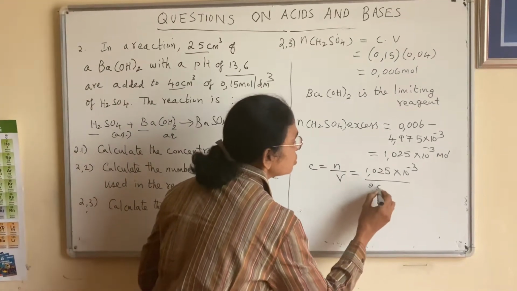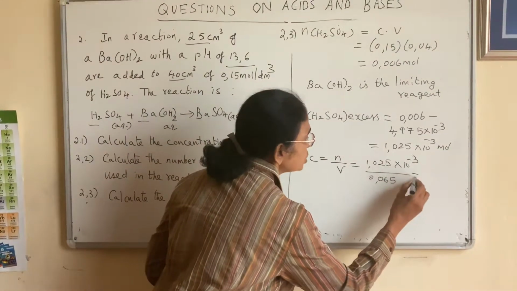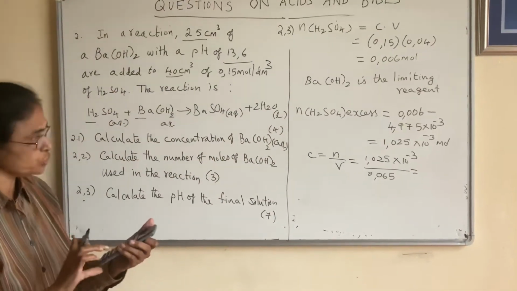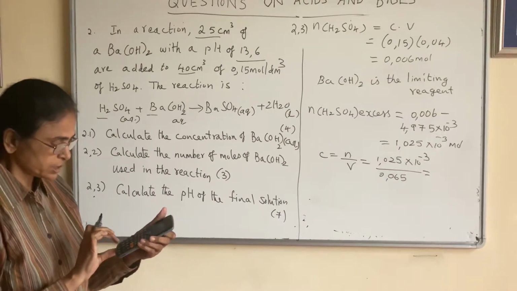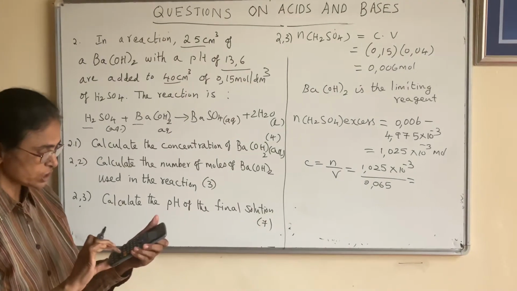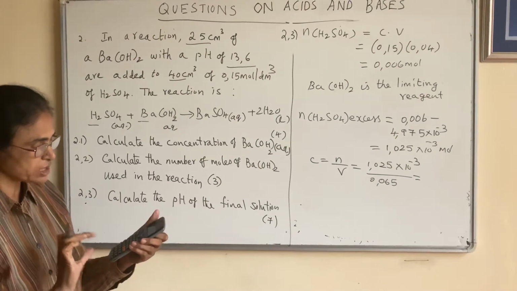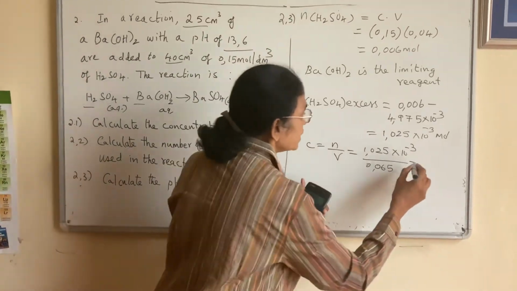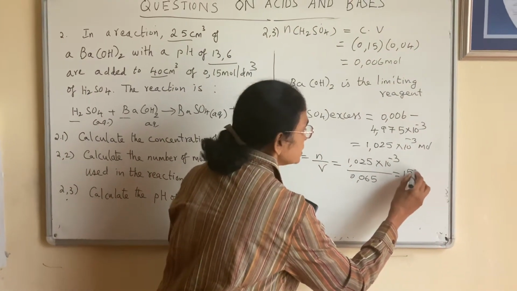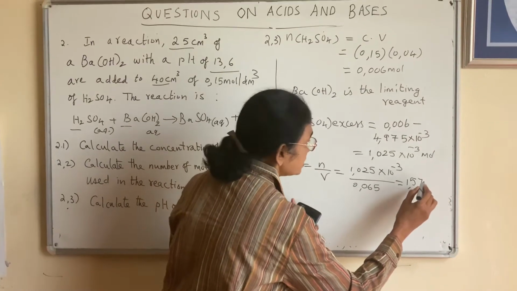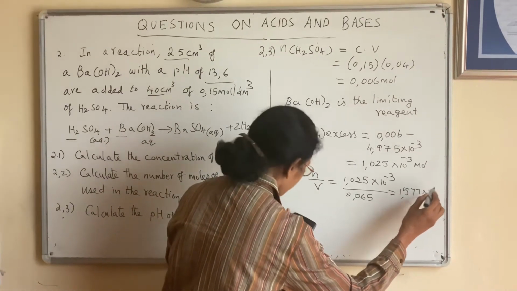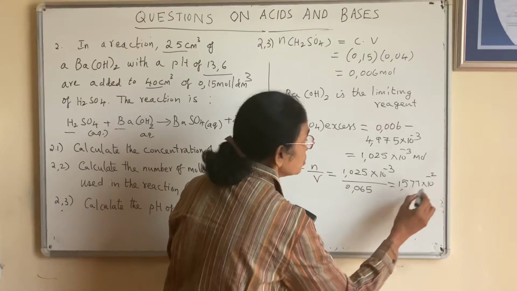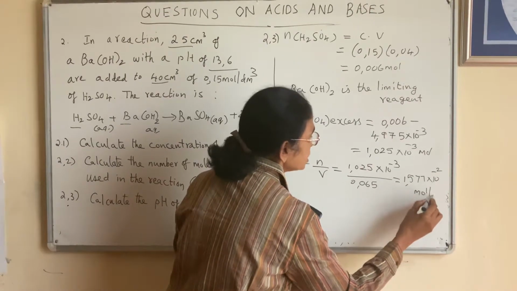So you will get 0.065. So let's get the concentration of sulfuric acid divided by 0.065. So we have to divide, it's in the total solution. So it's going to give you 1.577 times 10 to the power of -2 mole per decimeter cube.